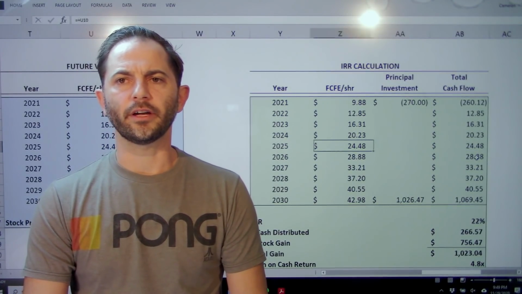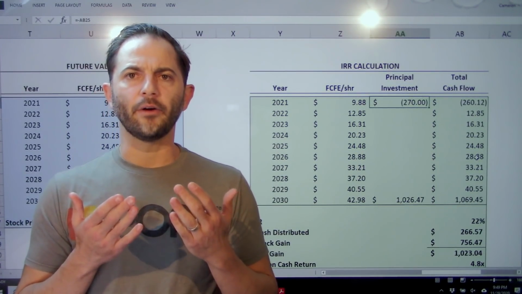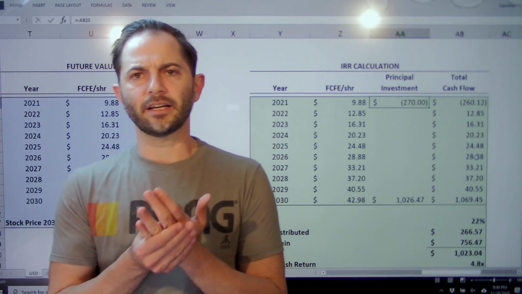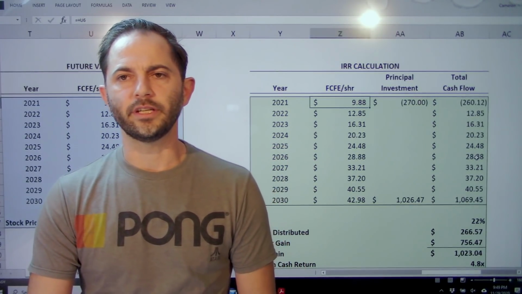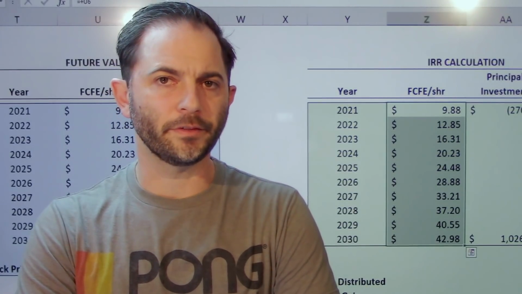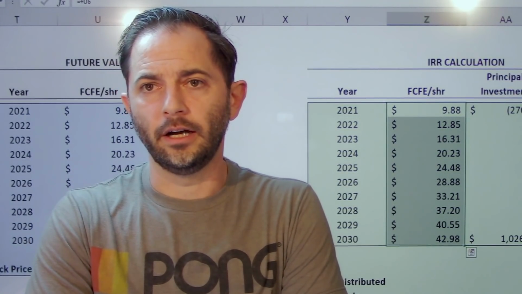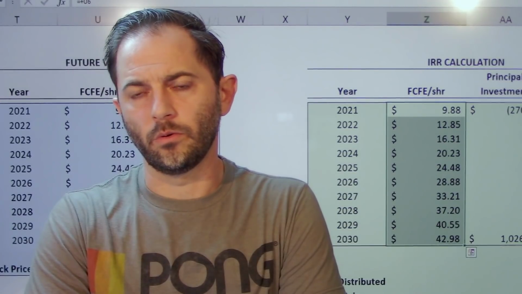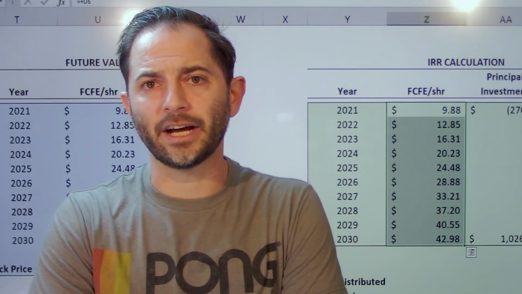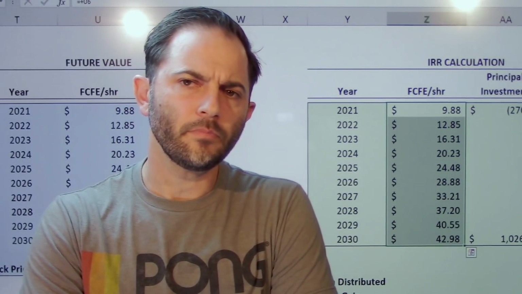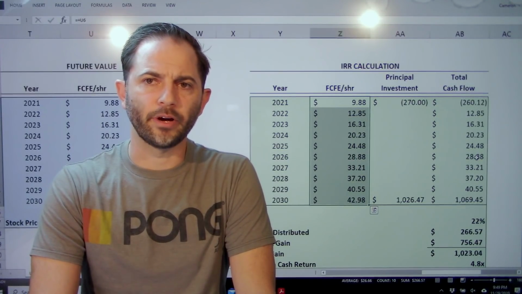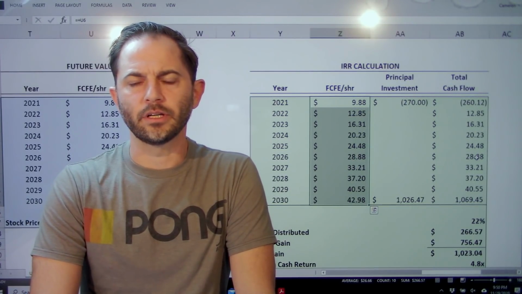If I put this target into an IRR calculator where I buy the stock now at $270, I get this stream of cash flow, which, by the way, does not include an IPO of Ant or really any cash flows from Ant. It's just the free cash flow from the operations, assuming they dividend it out.